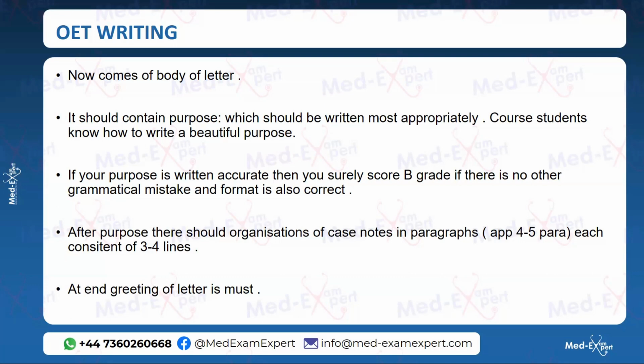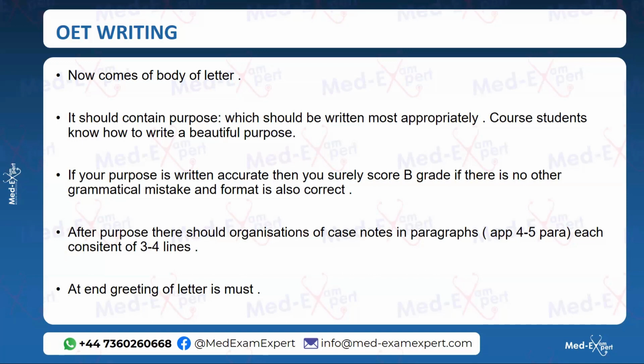If your address and salutation is written well, every other detail is good, no grammar mistakes are present, there is no mistake at all, but still the purpose is not written accurately in the letter, you are going to score 290 or 300, and definitely it is C or C plus.